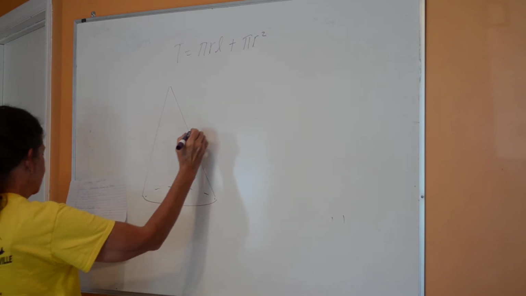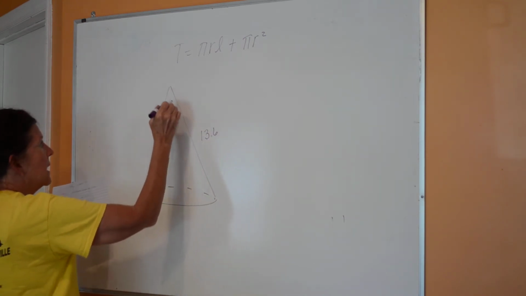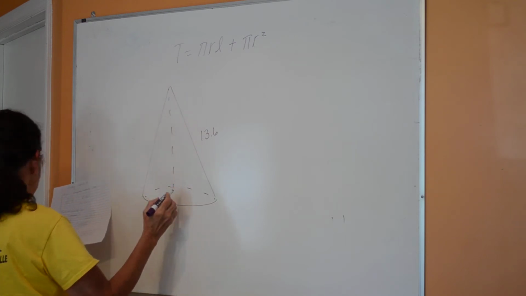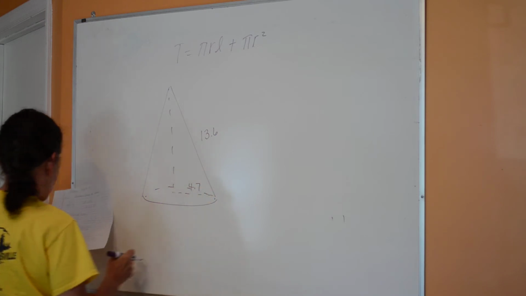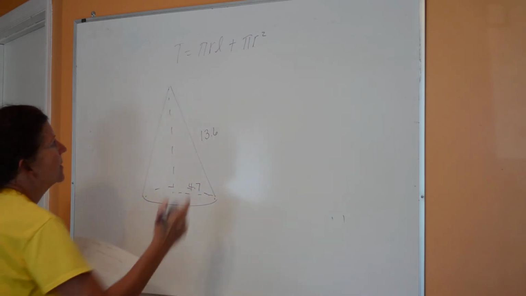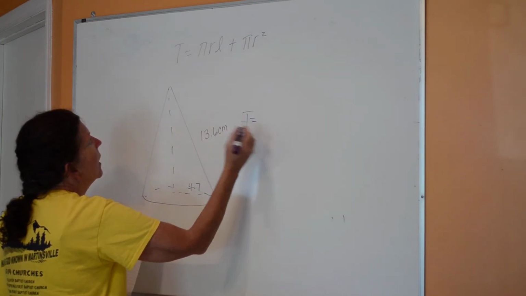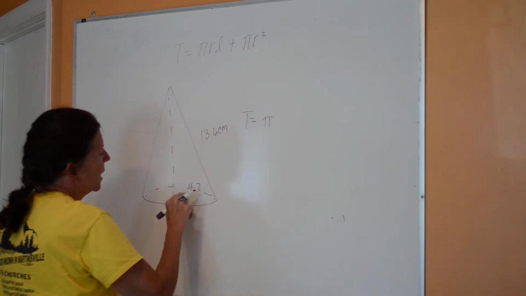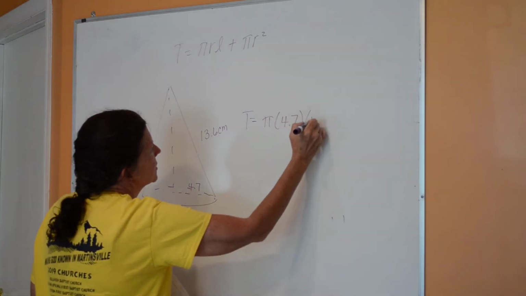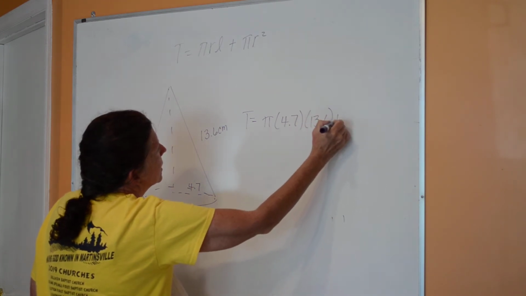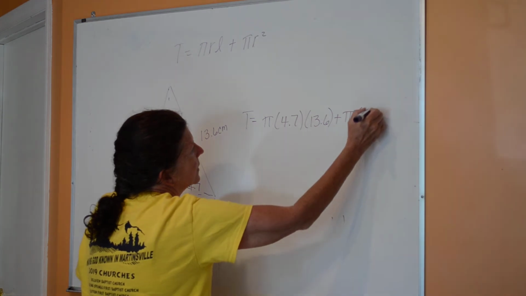Let's say the slant height here is 13.6, and I don't know the altitude, but I do know that the radius is 4.7. So plugging it into the formula, if I want to know the total surface area, let's call it centimeters, I have pi times r, which is 4.7, times the slant height, which is 13.6, plus pi times 4.7 squared.